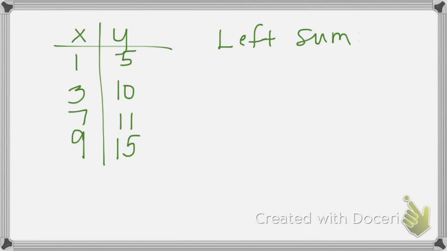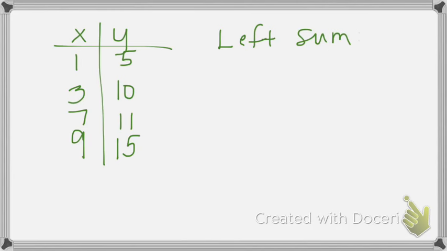And so that means that my rectangles are different widths. But that's okay. It's okay for that to happen. Normally, if they ask you to create a left and right hand sum, like if they give you an equation or something, you'll do it in even intervals. But it's possible that they would just give you a table and say, hey, find the left sum, and it may not be in even intervals.